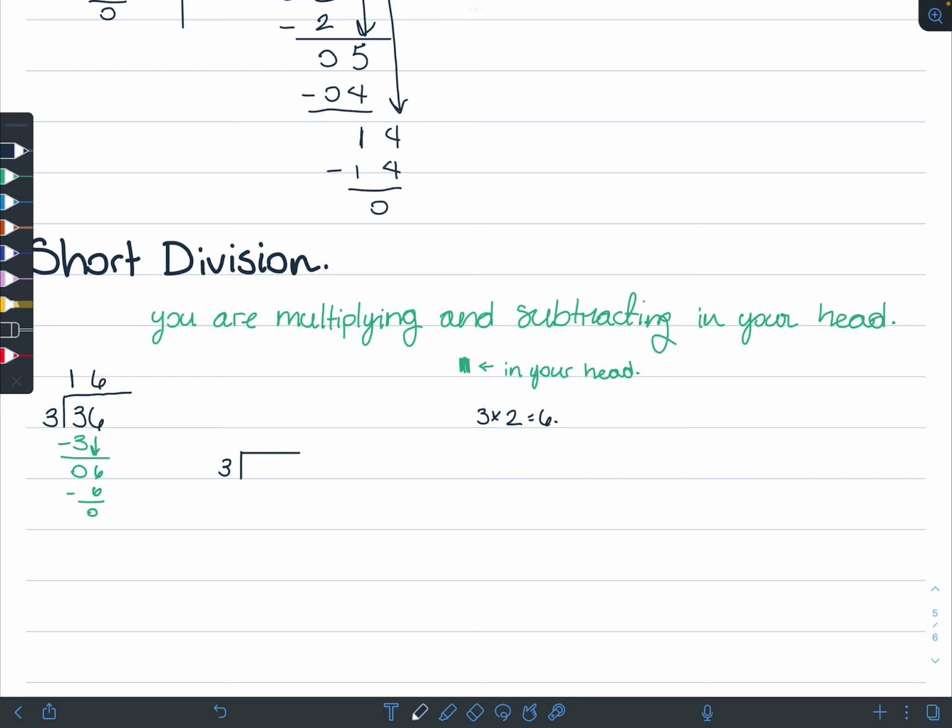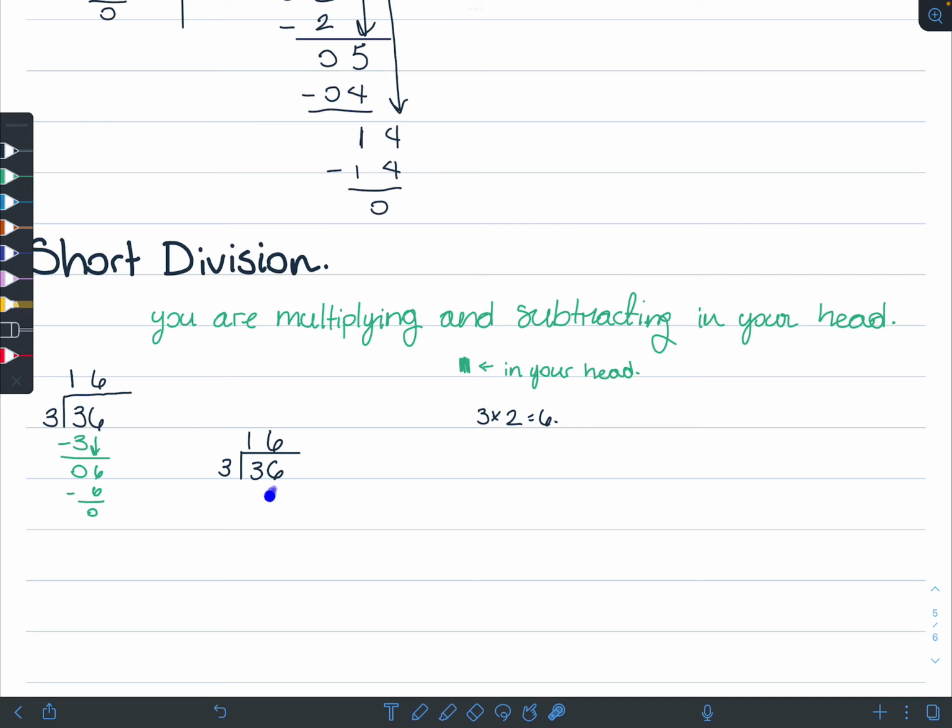Let's do the same process. This is what it should look like. 3 times what gives me 3? That's just 1. 3 minus 3 gives me 0. That 0 goes down, and then I bring down that 6. 3 times what gives me 6? 2. 3 times 2 equals 6.